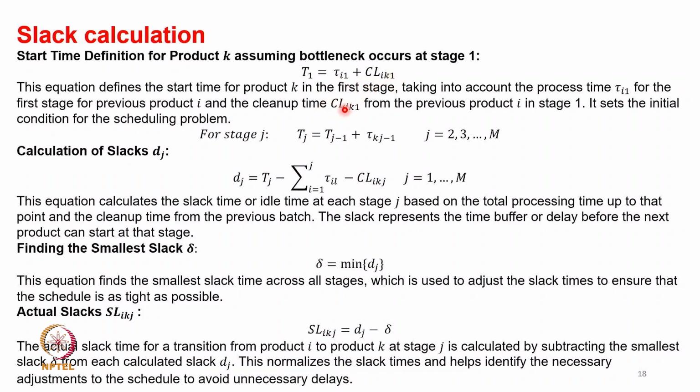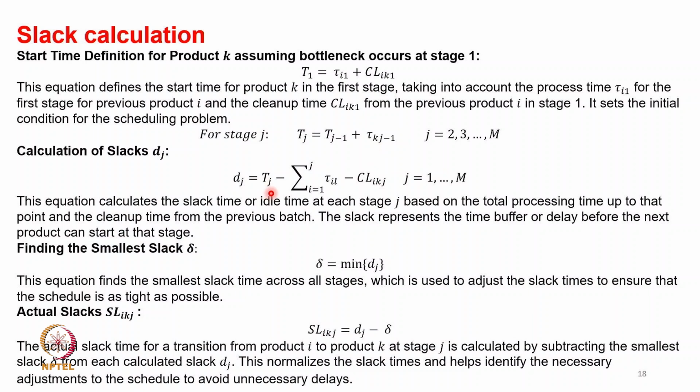This equation defines the start time for the product K in the first stage, taking into consideration the process time T_i1 for the first stage of the previous product I, and the cleanup time CL_ik1 from the previous product. So it sets the initial condition for the scheduling, and for the stage j, it would be T_kj is equal to T_k(j-1) plus T_i(j-1) plus CL_ikj.